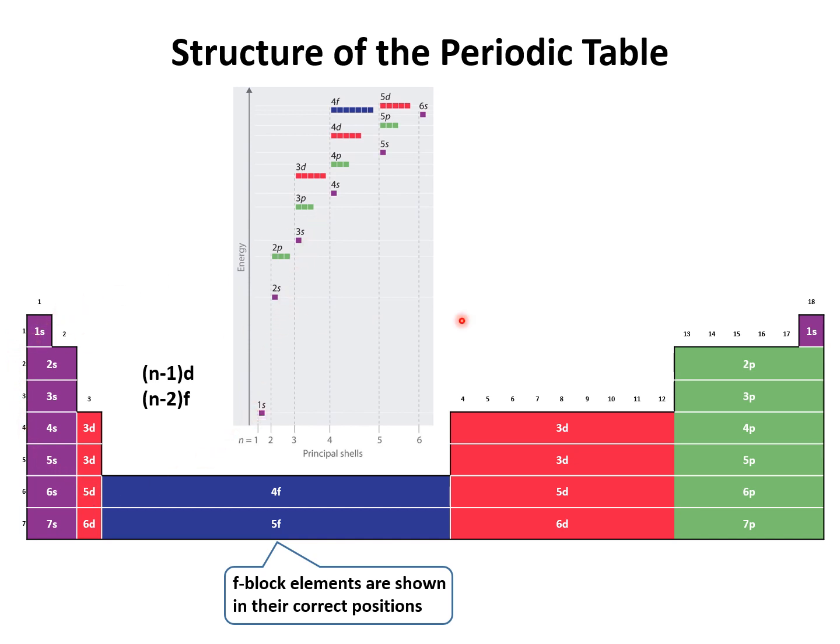So whereas the 1s atomic orbital is the lowest energy, when we move down the periodic table, we find the 2s atomic orbital is the next lowest energy, followed by the 2p atomic orbitals. The next lowest energy after the 2p would be the 3s atomic orbitals, and after the 3s, the next lowest would be the 3p atomic orbitals, and so on.